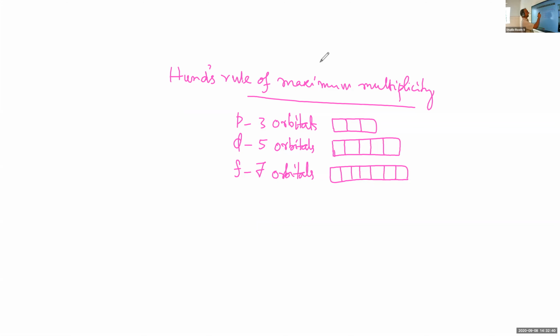Now you come to Hund's rule of maximum multiplicity. In the degenerate orbitals, what are degenerate orbitals? Do you remember? Degenerate orbitals, anybody knows? Shivani, do you remember what are degenerate orbitals? Punya, can you say what are degenerate orbitals?